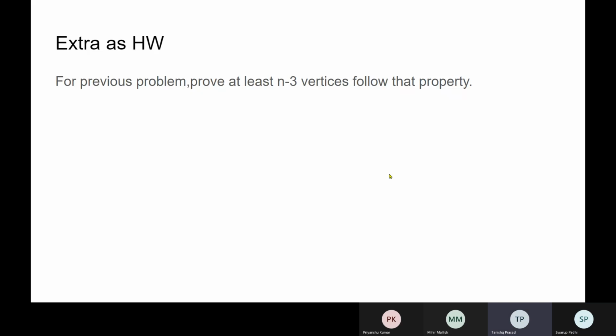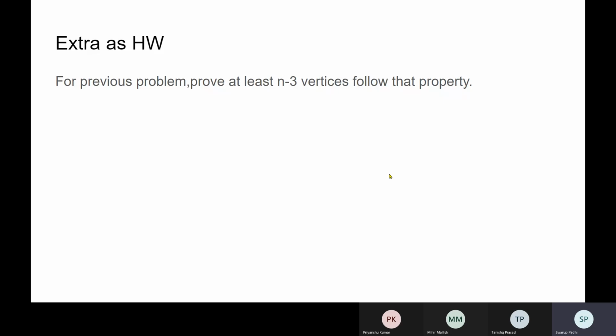I'm saying n minus 4 is not possible, but n minus 3 is possible. Yeah, n minus 4 is going to be even lesser. So n minus 3, you proved that.